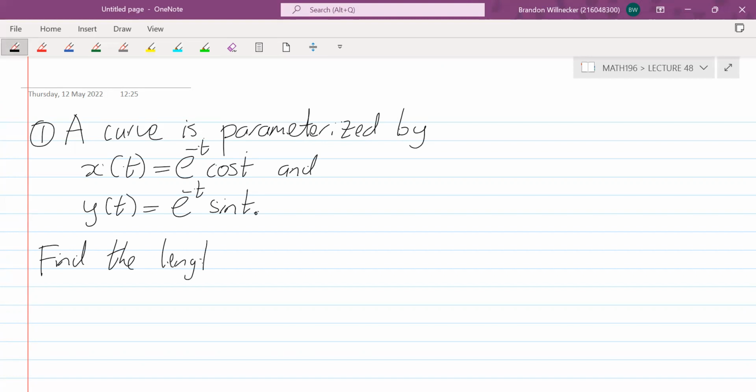We want to find the length of the curve where t goes from 0 to pi over 2. So we've got a parametrized curve given by x of t and y of t, and we want to find its length for t from 0 to pi over 2.